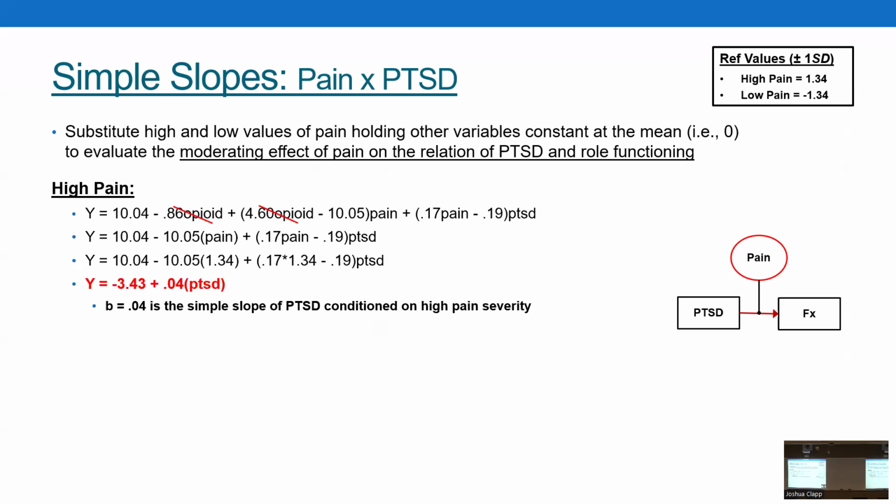If we want to talk in formal statistical terms, this simple slope represents the conditional effect of PTSD on functioning at high levels of pain. So again, holding everything else in the model constant, this is a unique effect of PTSD on our outcome for people conditioned on high levels of pain.